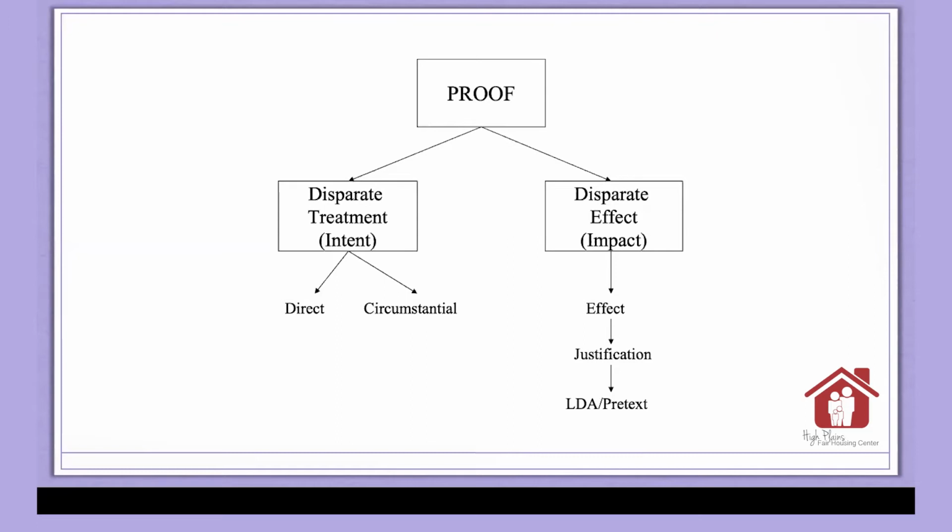There's a showing that the effect of the housing practice is disproportionately felt by those in a certain protected category. And if that is established, the defendant would still have an opportunity to justify the practice by explaining and providing evidence of the necessity of that practice to achieve or advance legitimate goals.